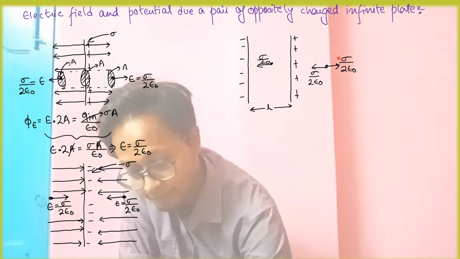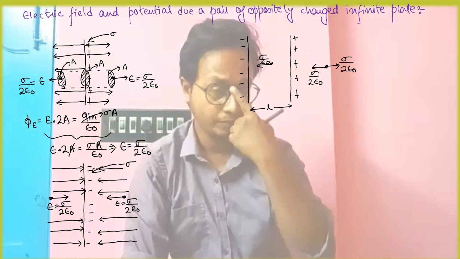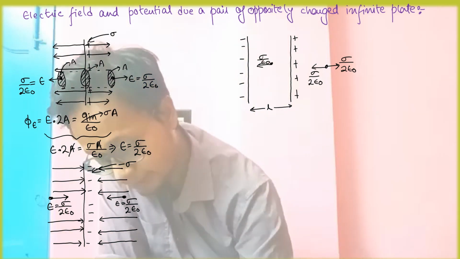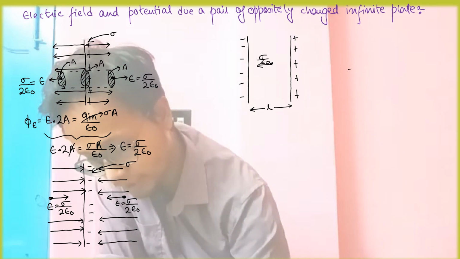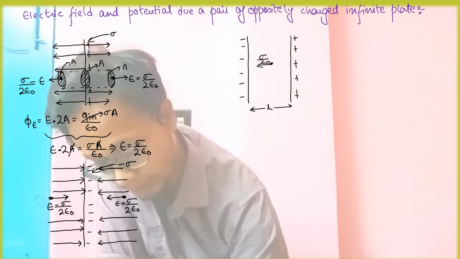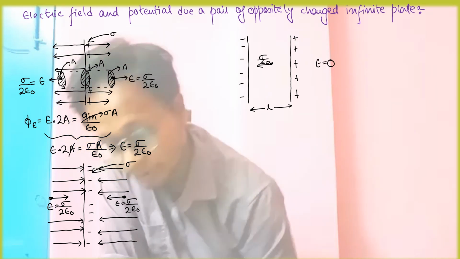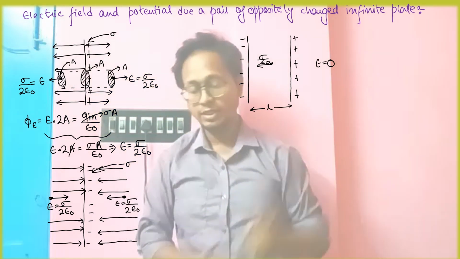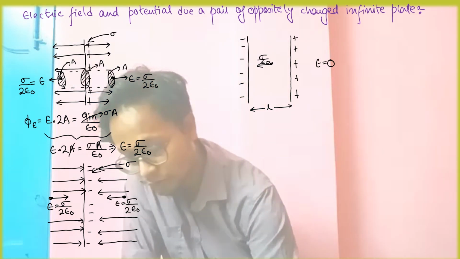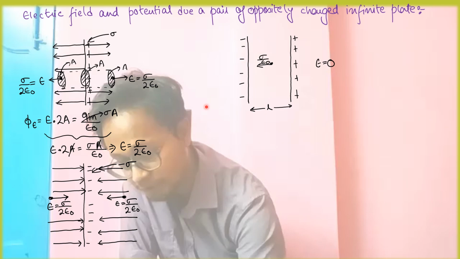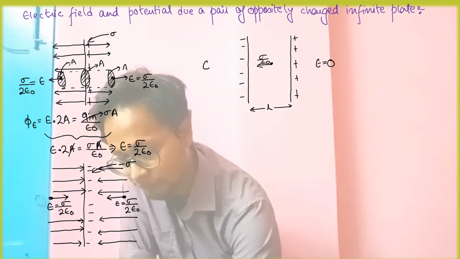So the electric fields due to the positive charges and the negative charges cancel each other out. So the net electric field outside the plate would be 0. Understood? A similar thing will happen out here. The electric field outside this plate is also equal to 0.